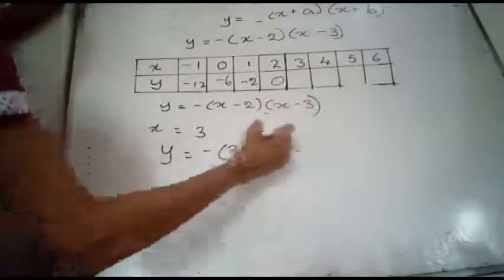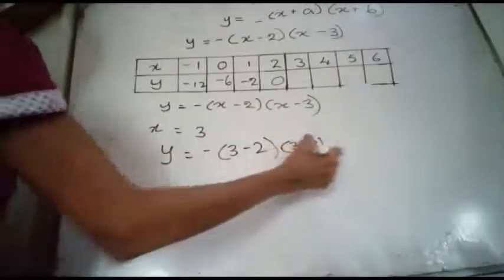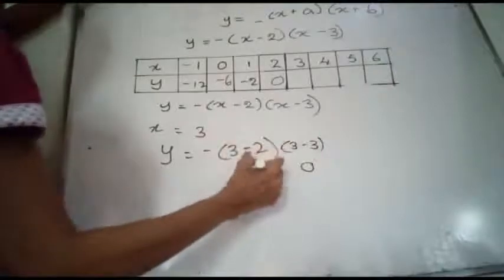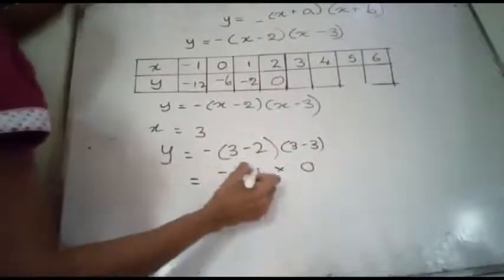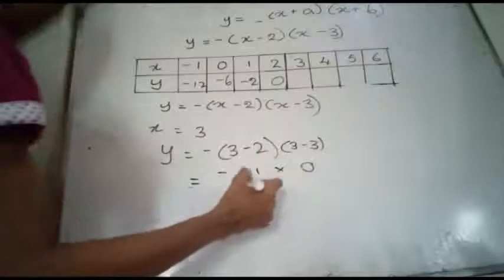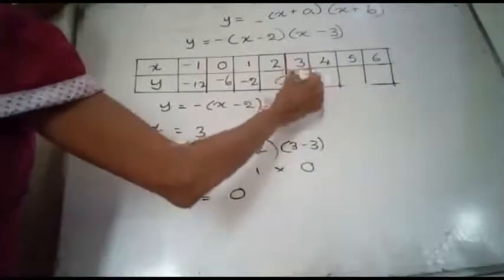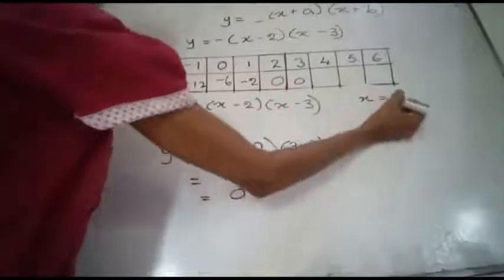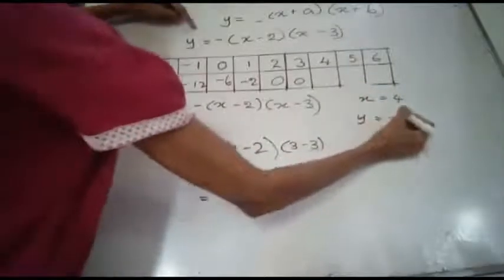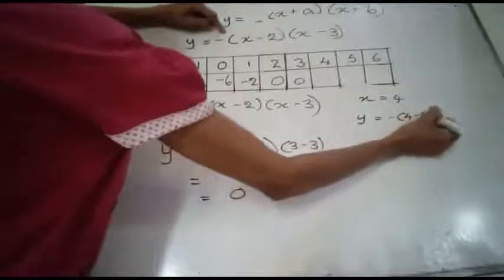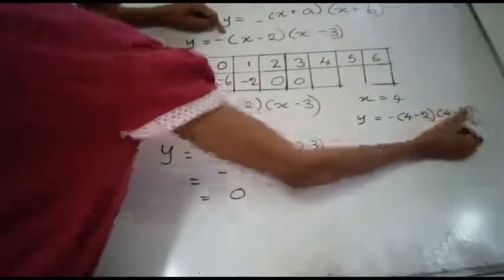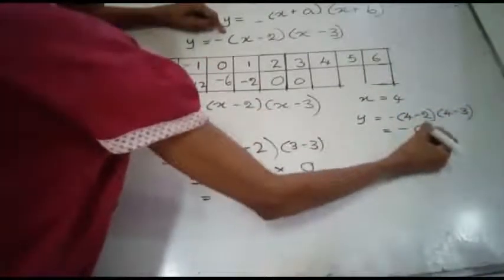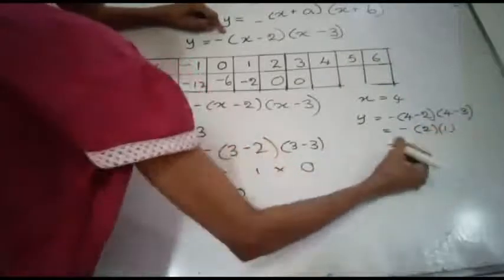X is equal to 3, 3 subtract 3 is 0, so y is 0. Here x is equal to 4, y equals negative (4 subtract 2)(4 subtract 3), which is negative 2.